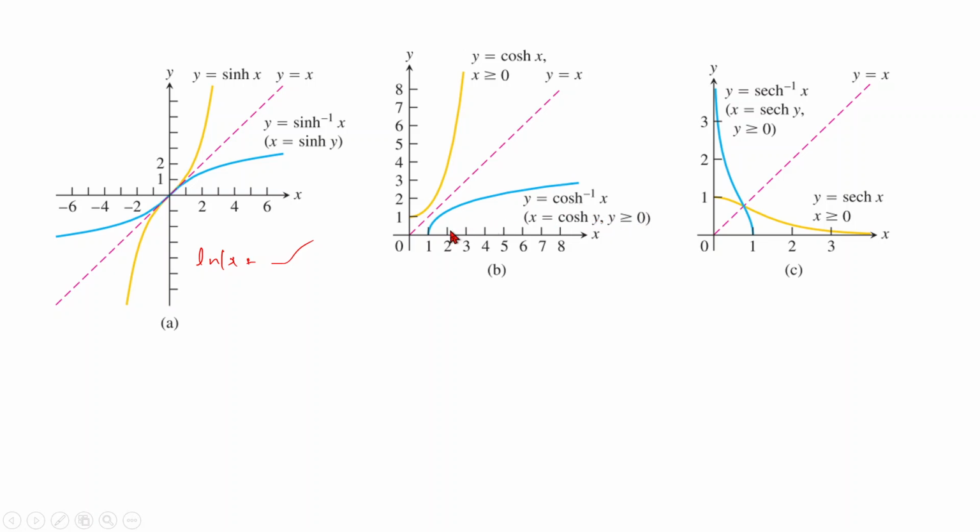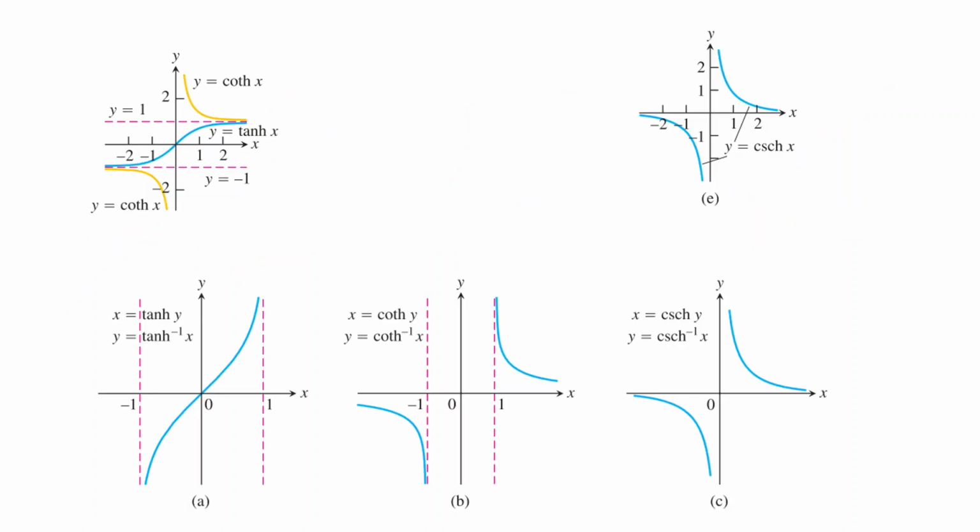Cosh inverse x should be greater than or equal to 0, because we are choosing the function like that. Because if you choose the other part, then there will be no inverse. Understood? So that's why we are choosing this.